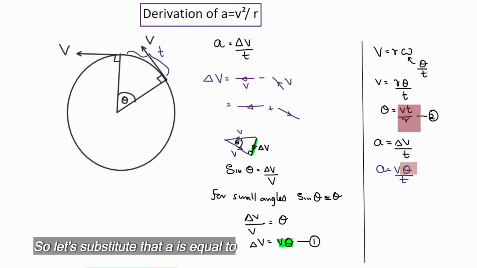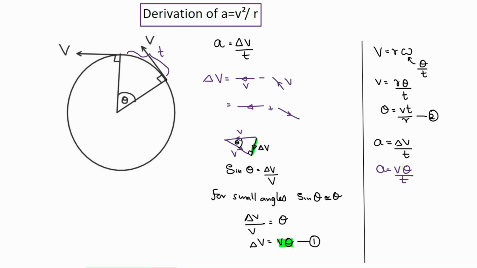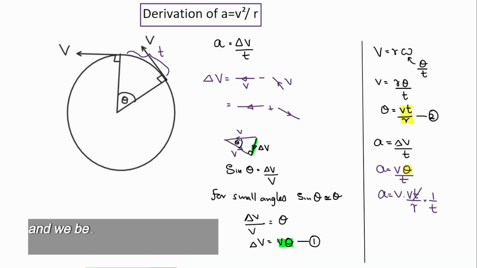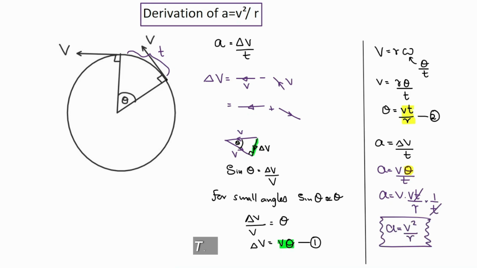So let's substitute that. A is equal to v times vt over r, then here we have a division by t. Now what happens? This t and this t get cancelled out, and we beautifully get a is equal to v squared over r. This is the formula that we want to derive.